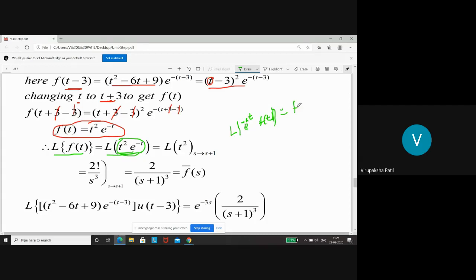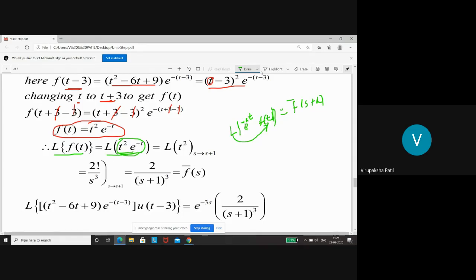I have written directly this one as f bar of s plus a. Am I right? It means you have to find the Laplace transform of f of t here. After getting the Laplace transform of f of t, wherever s is there, you have to replace that by s plus a. If it is plus, wherever s is there, you have to replace that by s minus a.